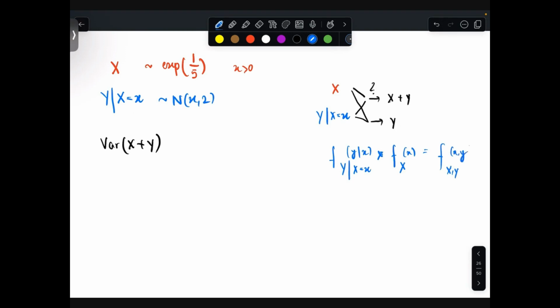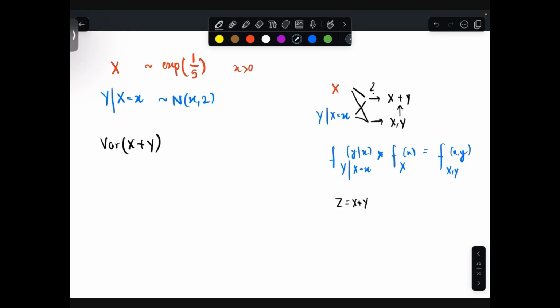You know this, right? So from these two you can easily find the joint distribution. Now can you go back to X plus Y? Yes, of course you can. You know how to find the distribution of Z equal to X plus Y from the joint distribution of X and Y. That is one way out, right?